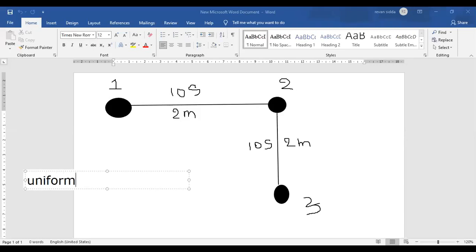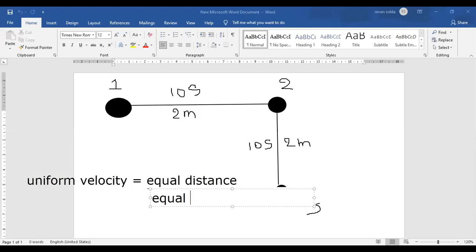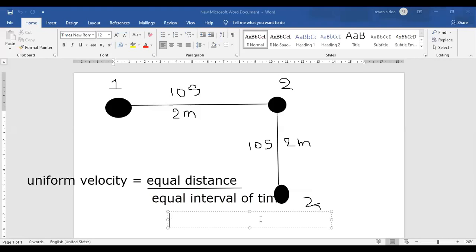Uniform velocity equals equal distance in equal interval of time in a particular direction, and this is north, east.